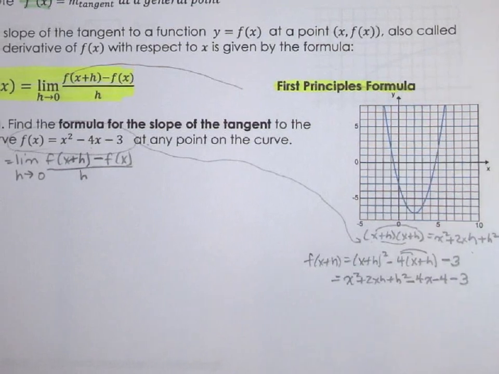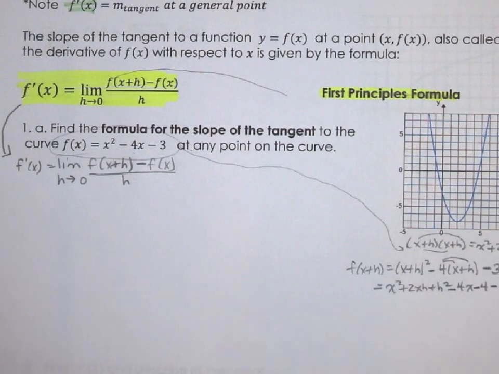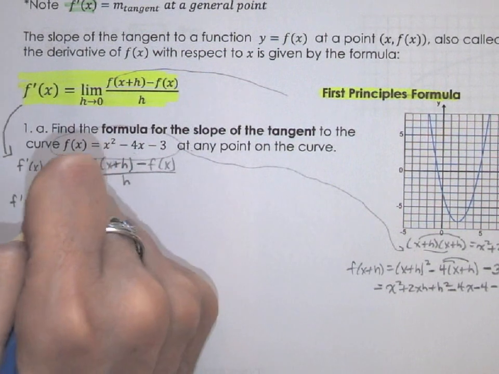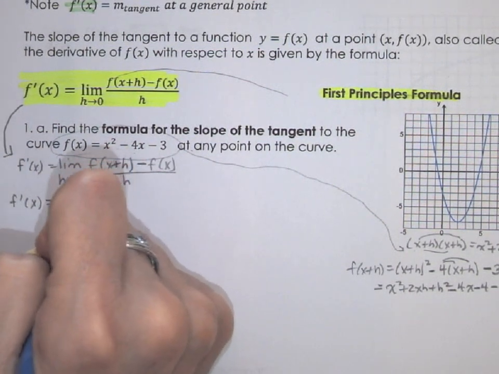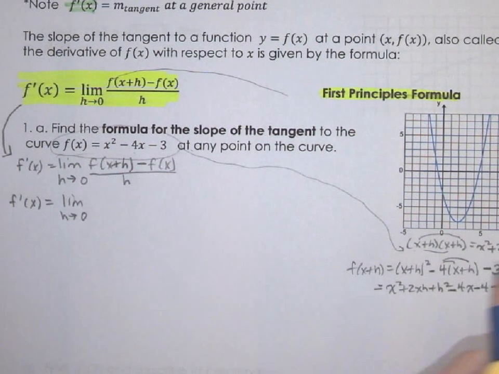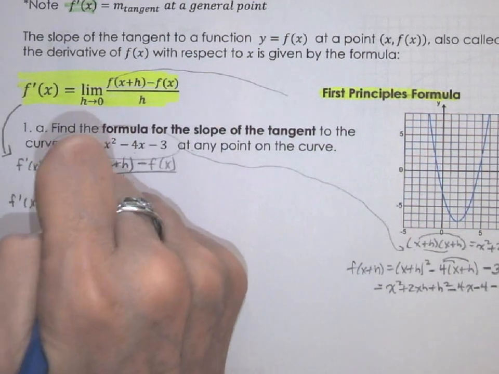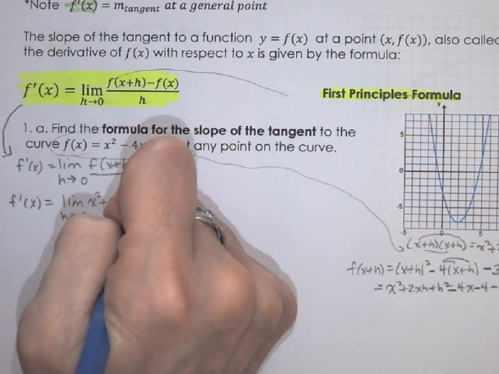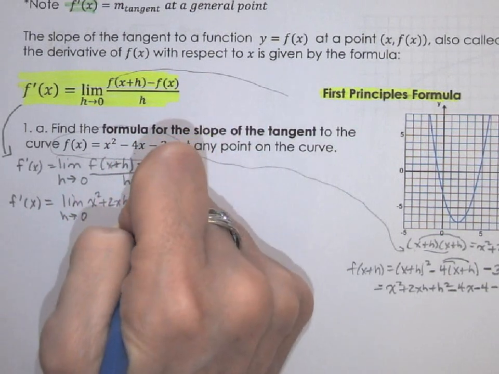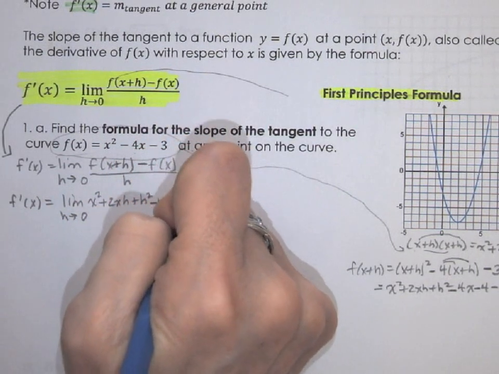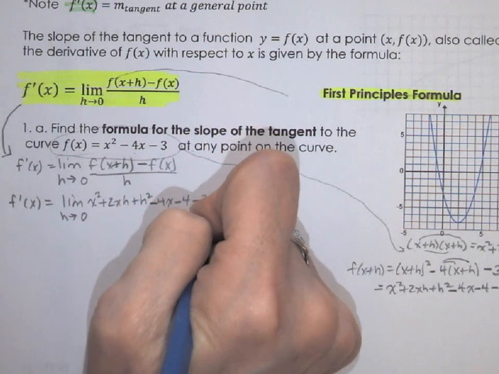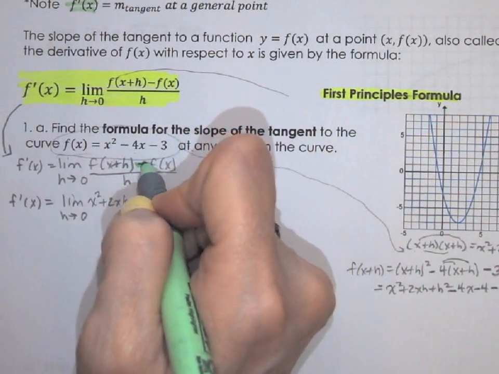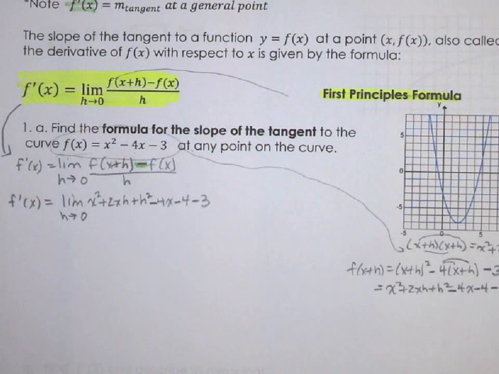So now we're going to go back over here to our formula. And we can replace f at x plus h with what we just found. So that was x squared plus 2xh plus h squared minus 4x minus 4h minus 3. And then this minus in the formula here comes next.